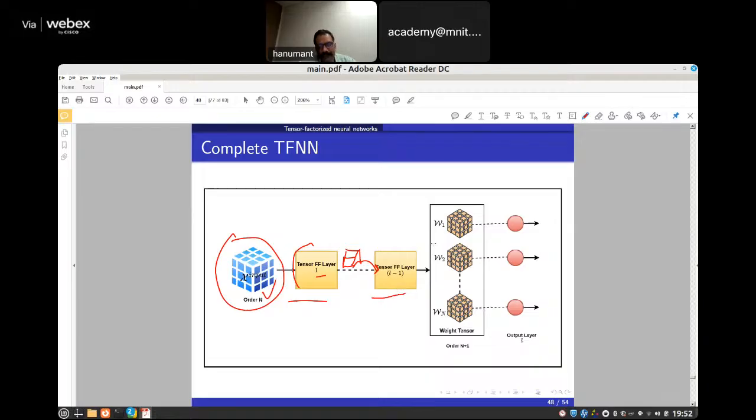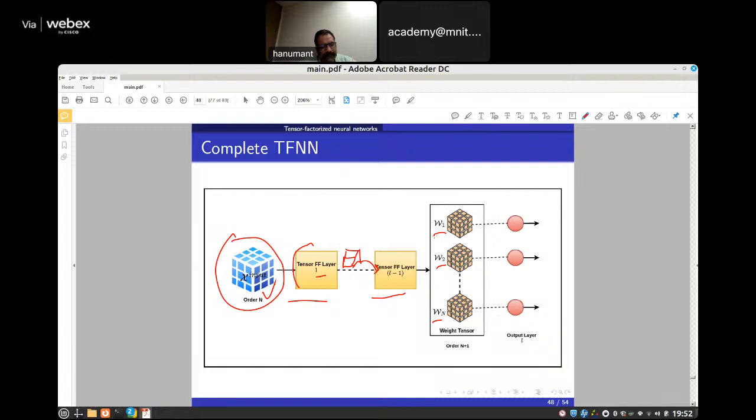In the end, what we need? We need probabilities. And how to get probabilities? We use the same idea which we used in ANN, artificial neural network. We will do an inner product with a weight tensor. This weight we will also learn.